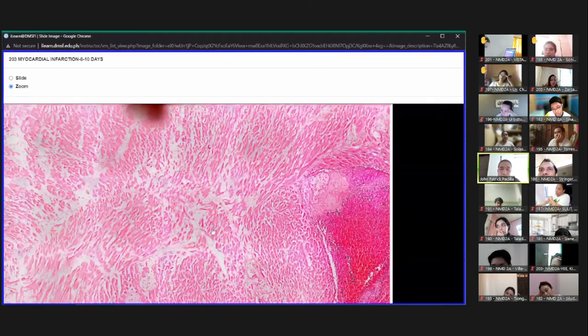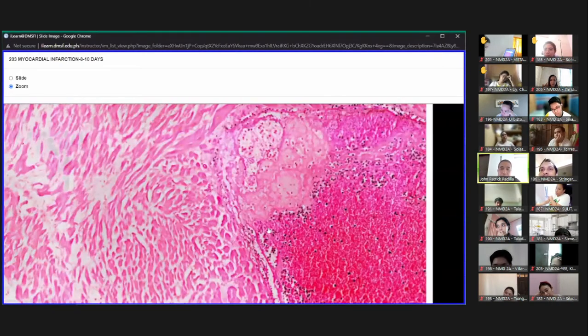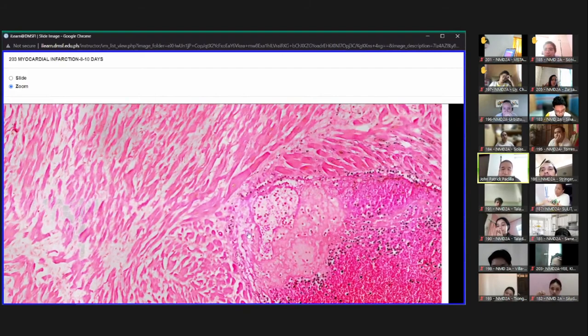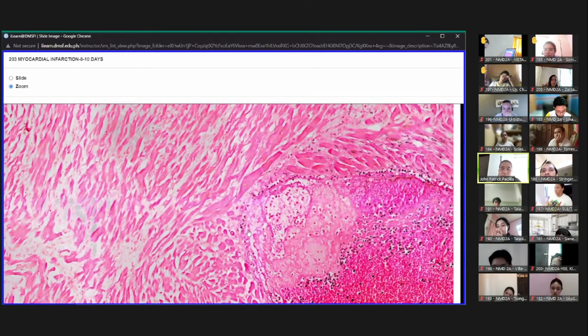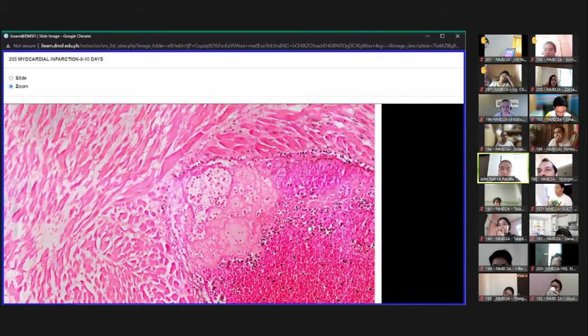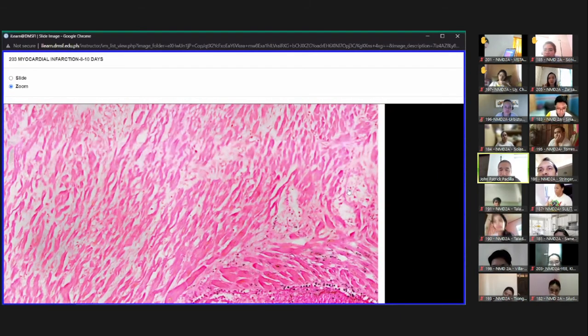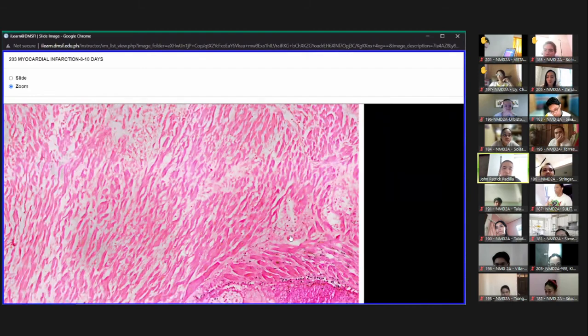Let's try to look for other areas. Okay. And so the moment that you would see the presence of blood vessels, this one would be fibrin. So this is not a good area. This one is good area. You would see the presence of blood vessel proliferation, histiocytes, fibrosis, and then you have mononuclear cells.